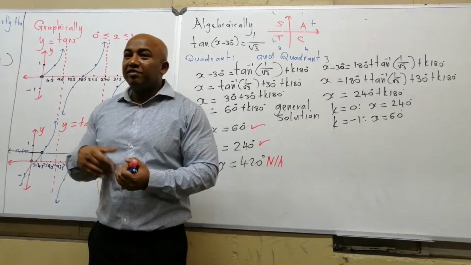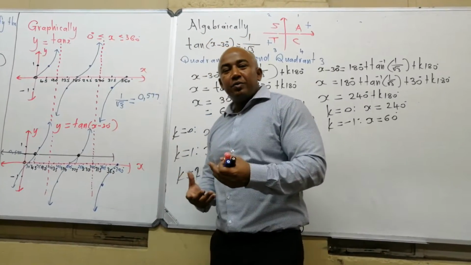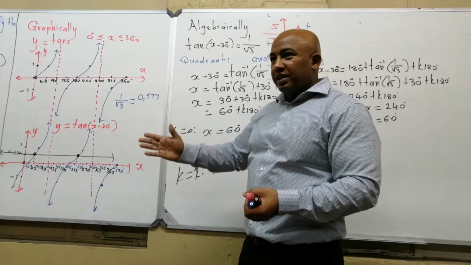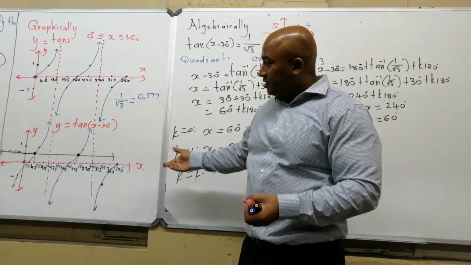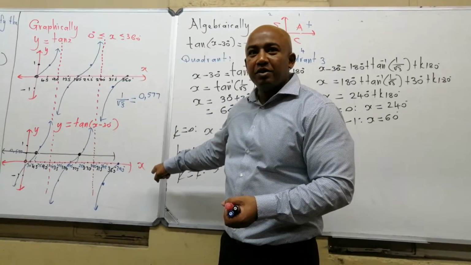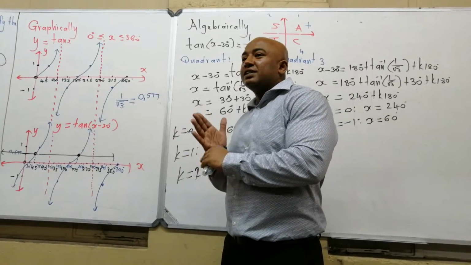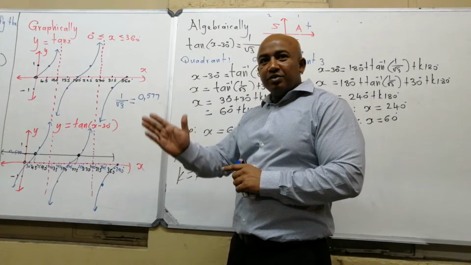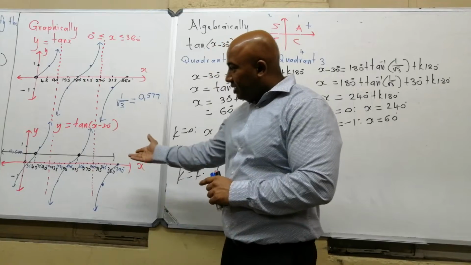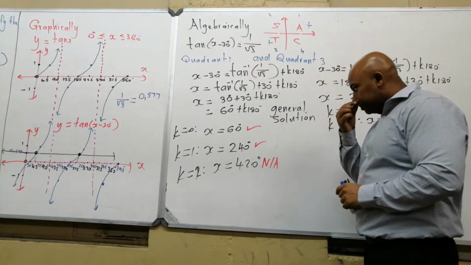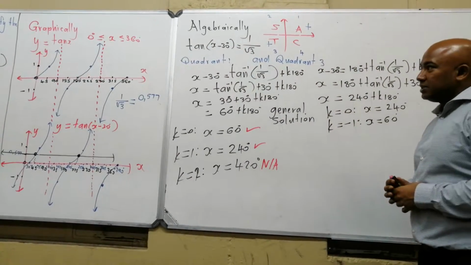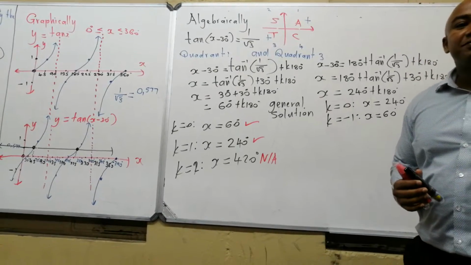Okay. But if you had a question where you had to draw a graph to show the solutions, you will be marked correct there, because from a graph you can't be 100% certain. You are just reading off the graph. So both solutions are correct. So that was your tan graph.